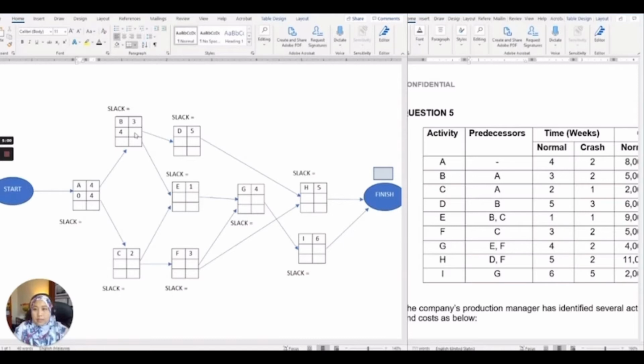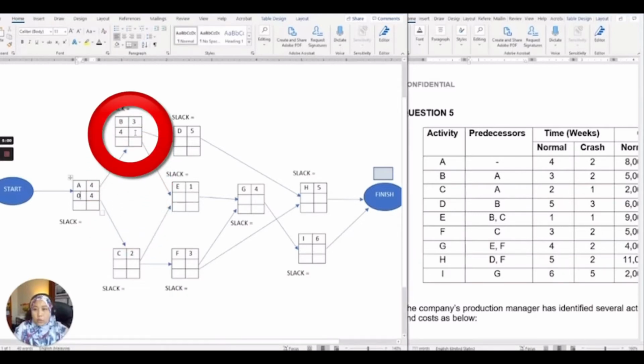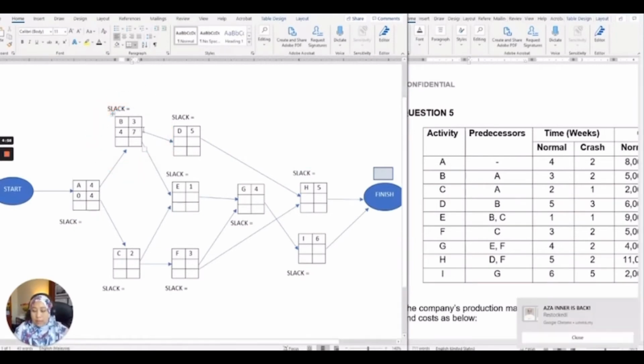For activity A, the earliest start is 0, plus the estimated time of 4, so the earliest finish equals 4. Now activity B, whose predecessor is A: the earliest finish for A is 4, so 4 plus 3 equals 7. Next, activity C: we get the earliest finish from A, which is 4, so 4 plus 2 equals 6.